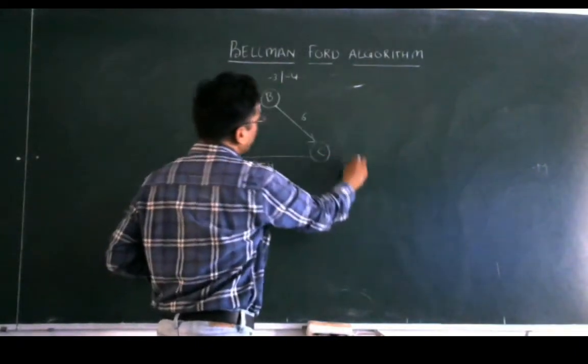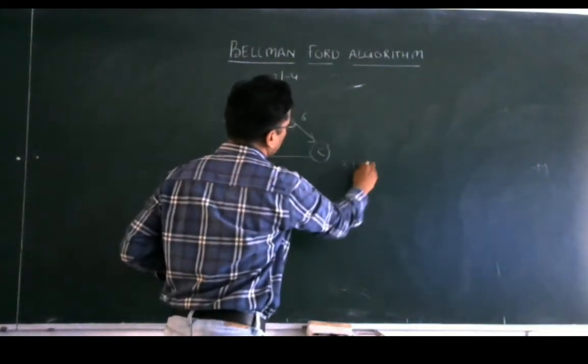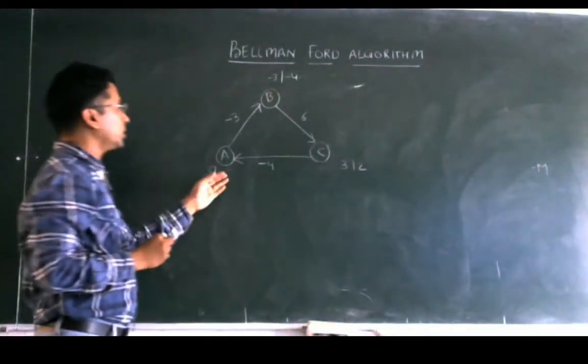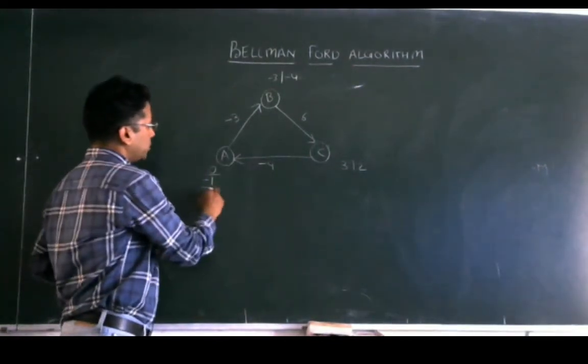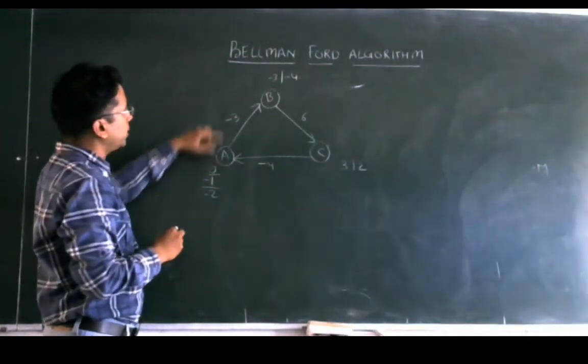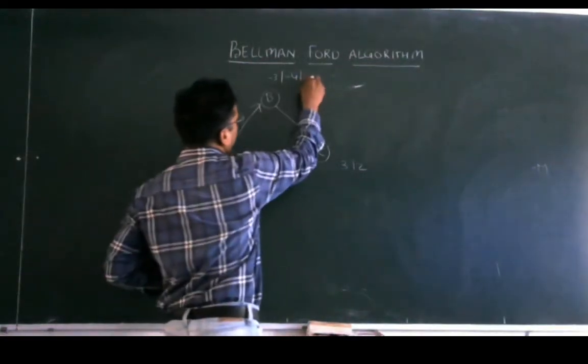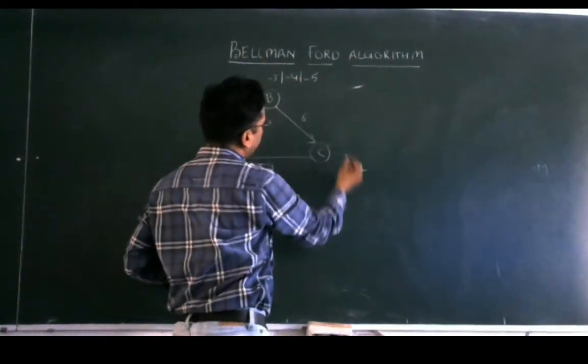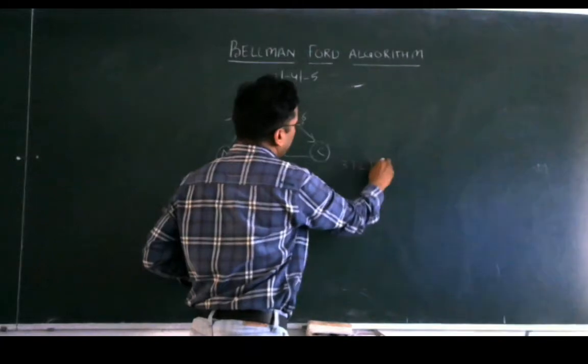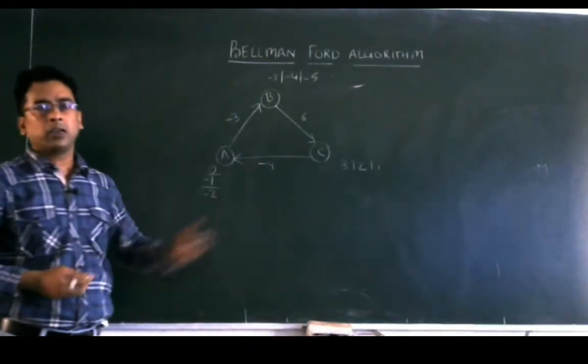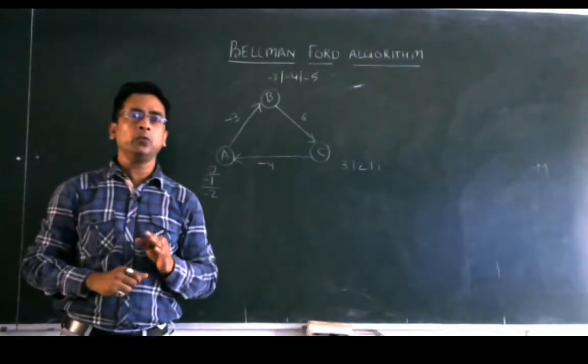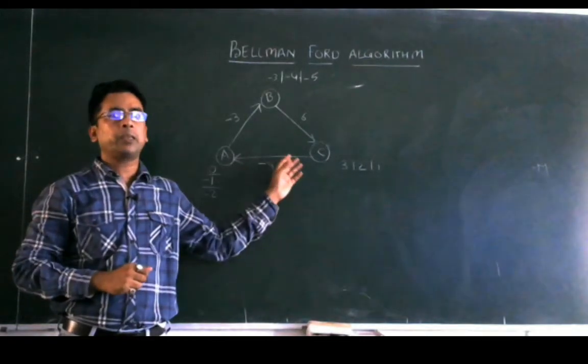And -4 plus 6 is 2. Again in the second iteration, 2 minus 4 is -2, and -2 minus 3 is -5, and -5 plus 6 is 1, and this procedure will keep on going, and at no value will the vertices stabilize.